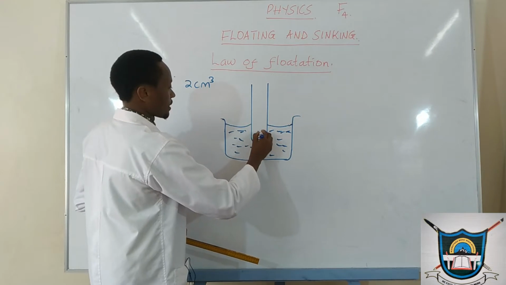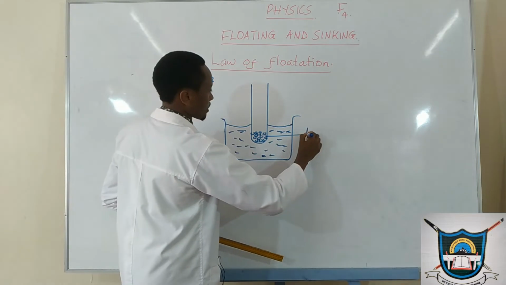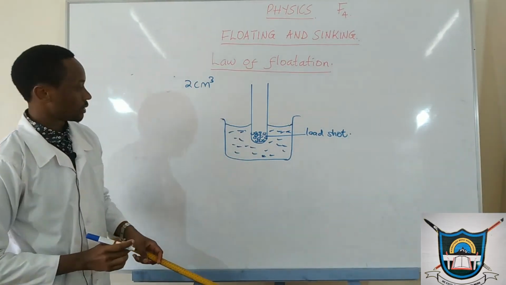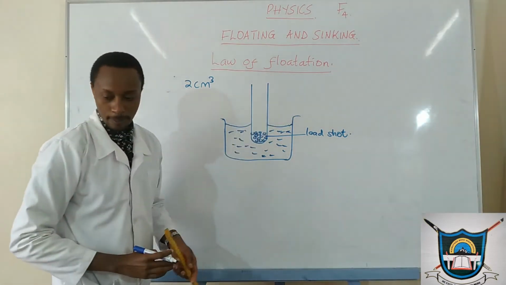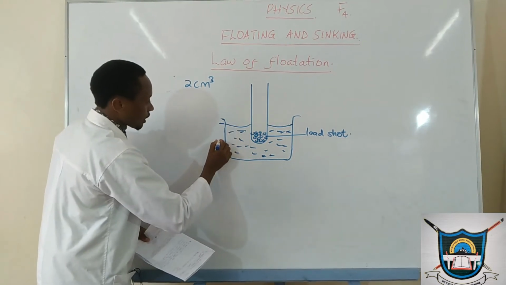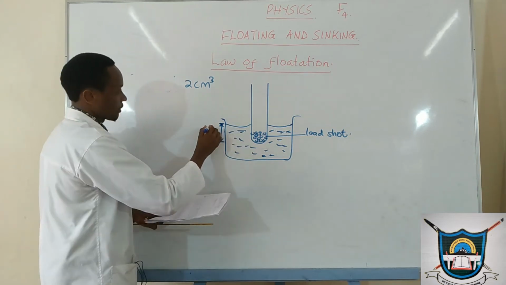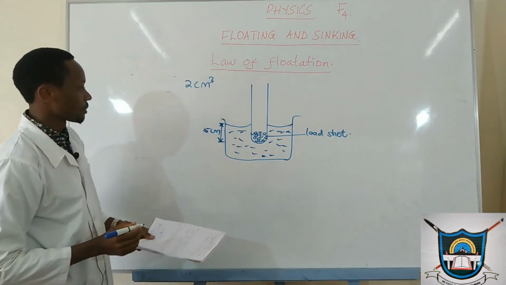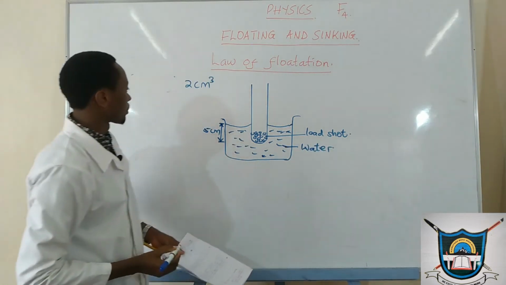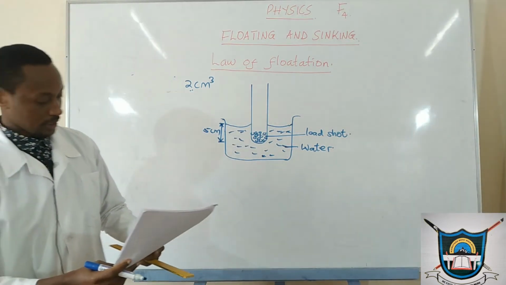And inside this test tube, we have some lead shots. We have a liquid here, and this is the test tube. And the height at which this test tube is floating is 5 centimeters. And this liquid is water. We are told that the cross-sectional area is 2 cubic centimeters. Now let's have the question.